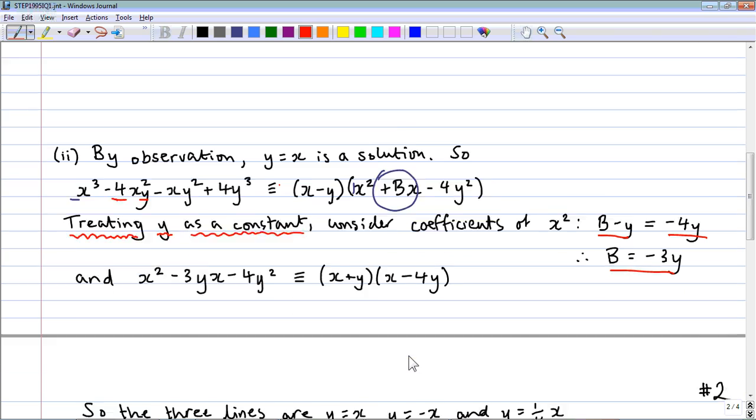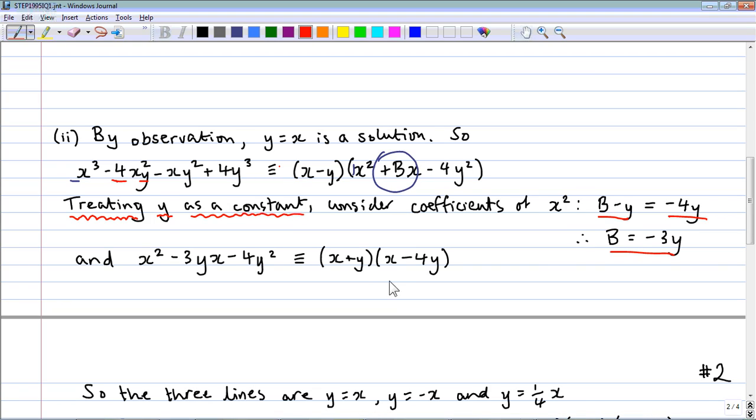So now we have 3 factors. What are the 3 factors? I'll just write them at the top here. x minus y, that was the first factor we found by observation, or by the more clever method originally considered. x plus y, and then x minus 4y.